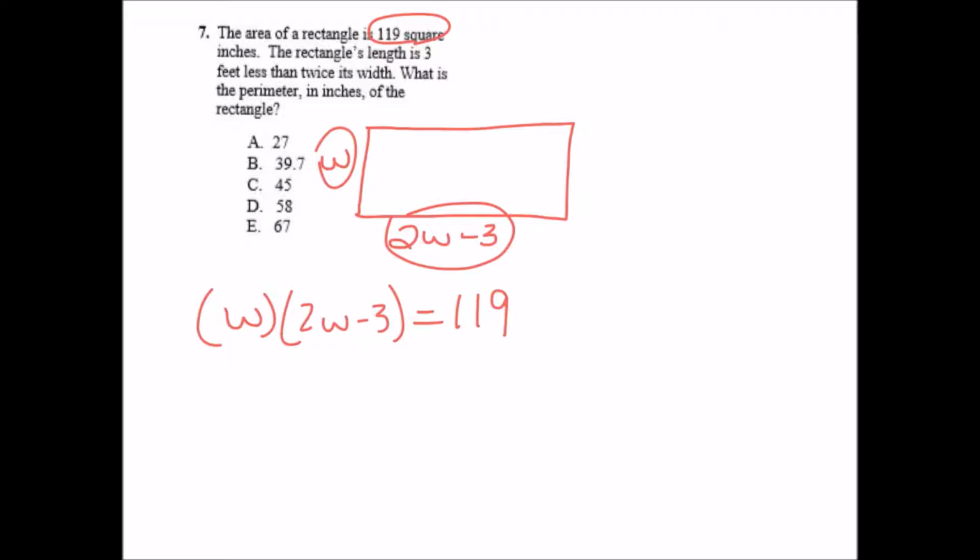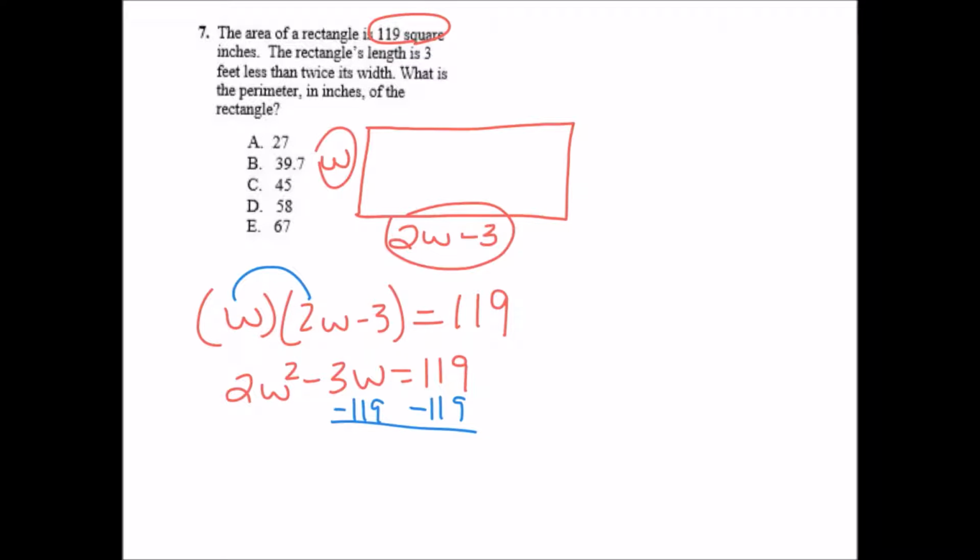If I use the distributive property, I will get 2W squared minus 3W equals 119. Now, it's starting to look like a polynomial, so I'm going to subtract 119 from both sides.